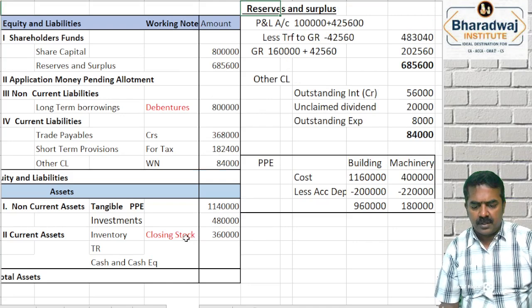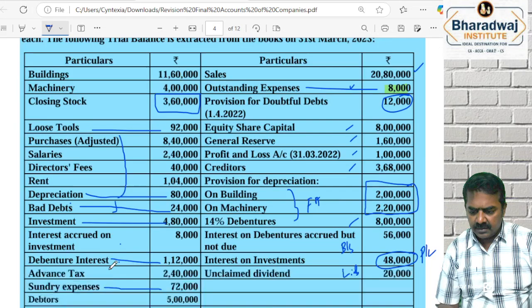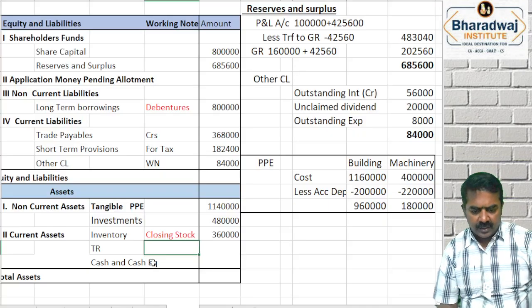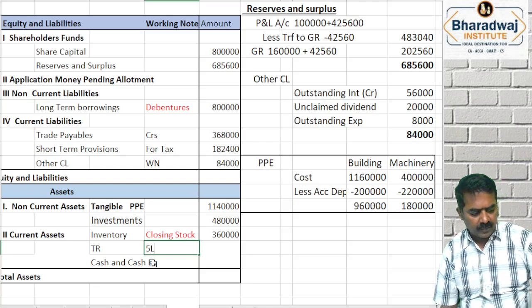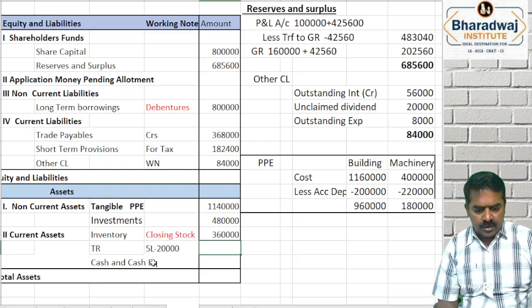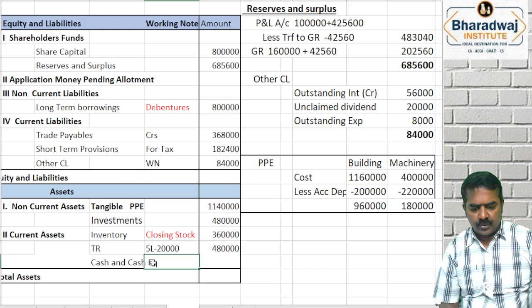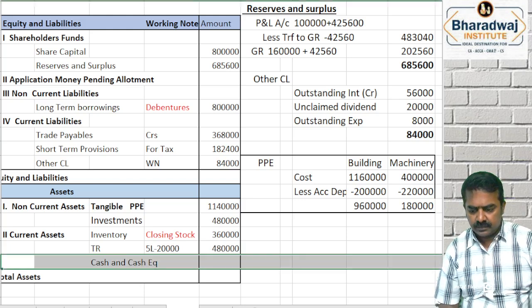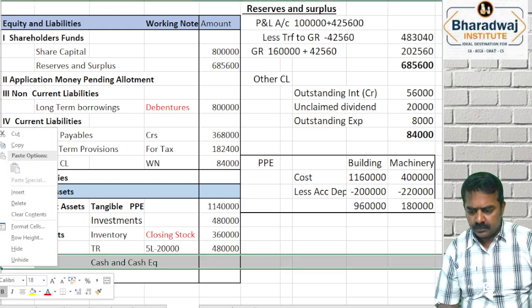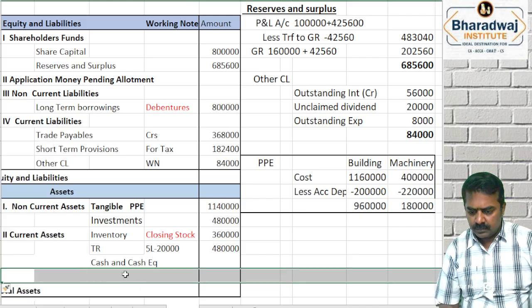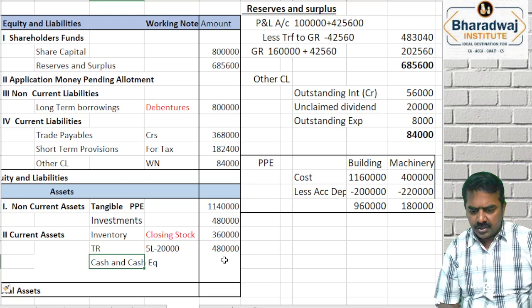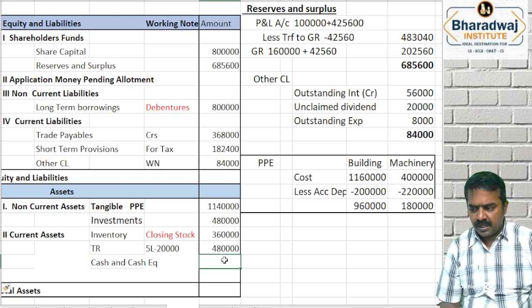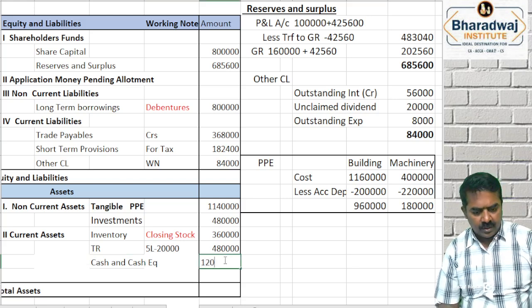What is the trade receivable amount? 5 lakhs, sir. 5 lakh minus 20,000, 4,80,000. Cash and cash equivalents, nothing but cash and bank balance, 1,20,000.